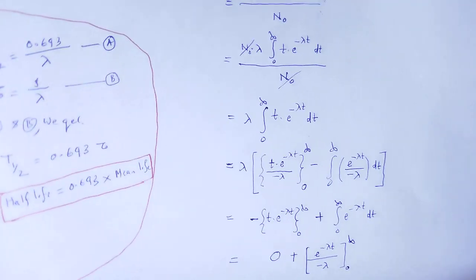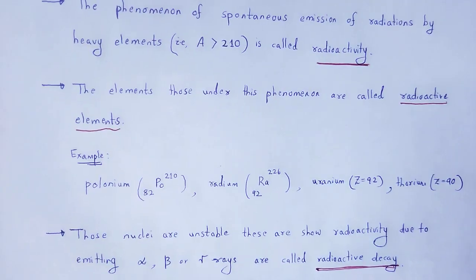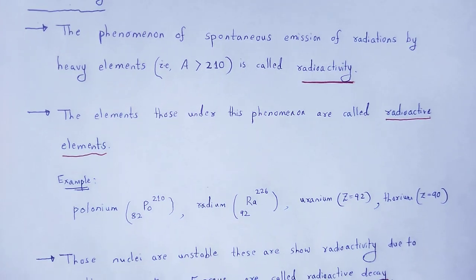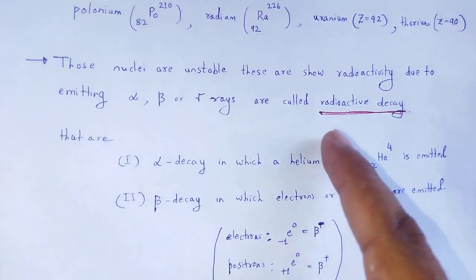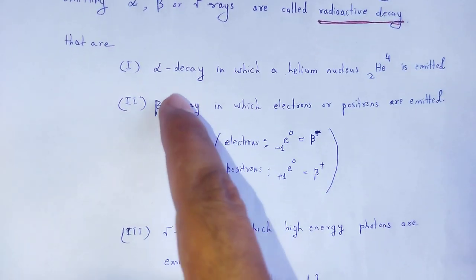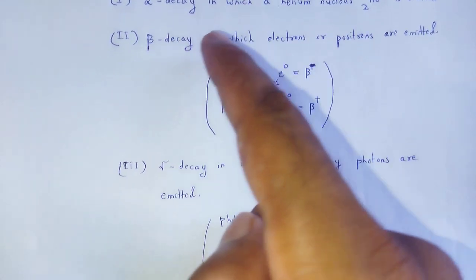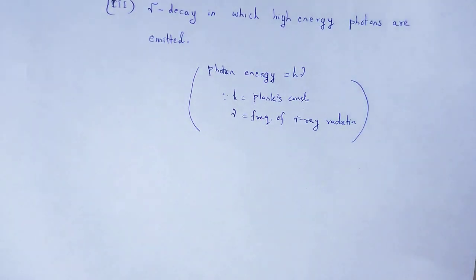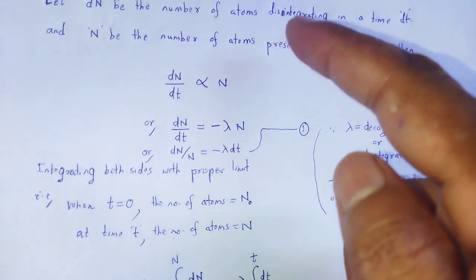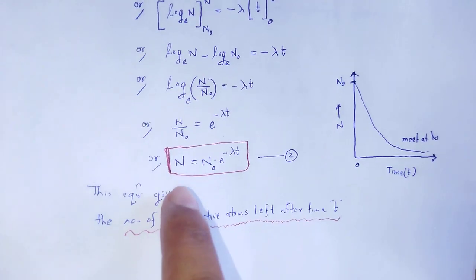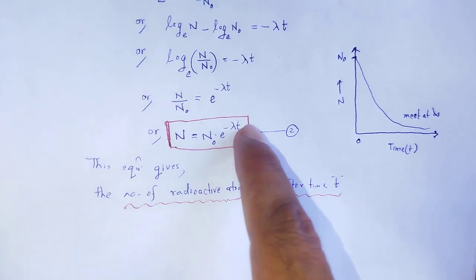So, with the help of this visual lecture we understood the concept of radioactivity, radioactive elements, radioactive decay, some basic properties of alpha decay, beta decay and gamma decay, the law of radioactivity mathematically, that is n is equal to n naught e to the power minus lambda t.